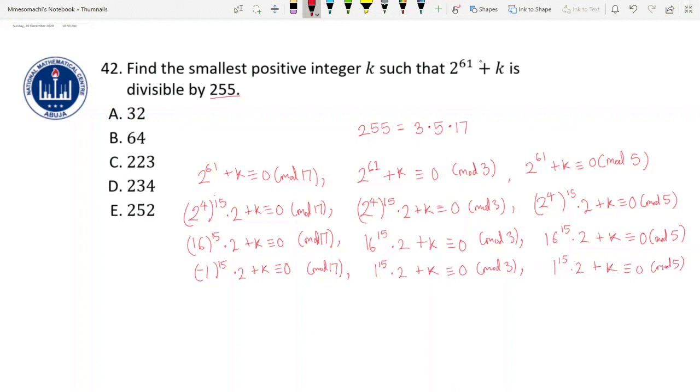Here it is negative 1, so k is congruent to 2 mod 17. This is a positive 1, so k is congruent to negative 2 mod 3. And here k is congruent to negative 2 mod 5.